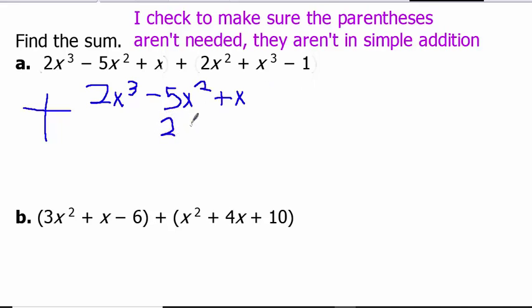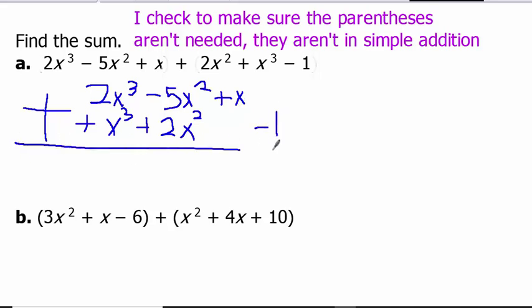So down here, I'm going to have an x squared. The x cubed is going to go here, and I can go ahead and have plus signs on both of those. And this -1 does not go with the x, so I can put it out on the edge, and I have addition. So I just add each of the terms that have like terms.